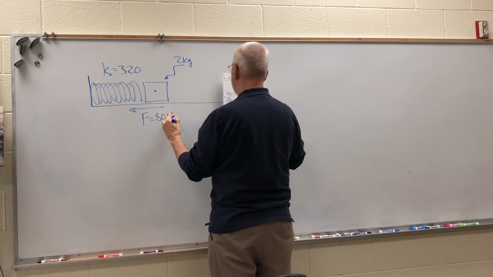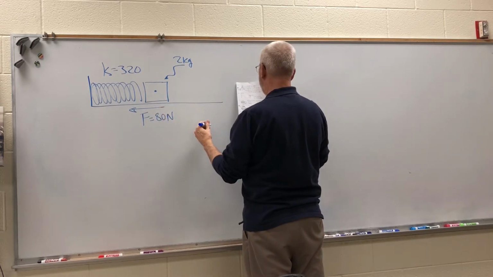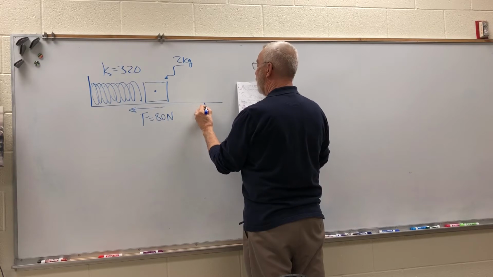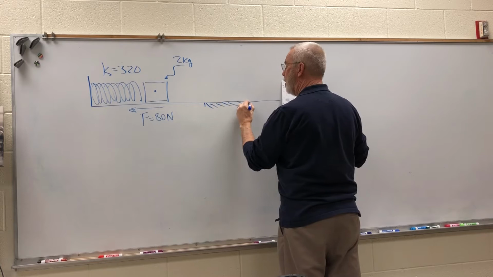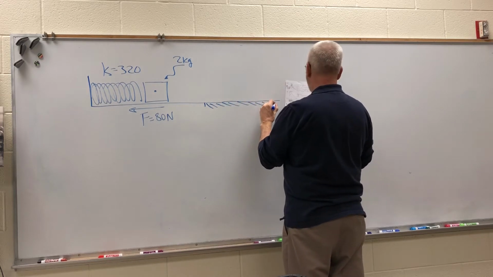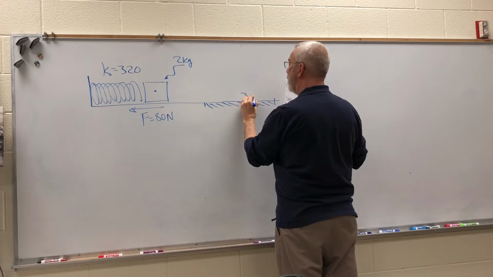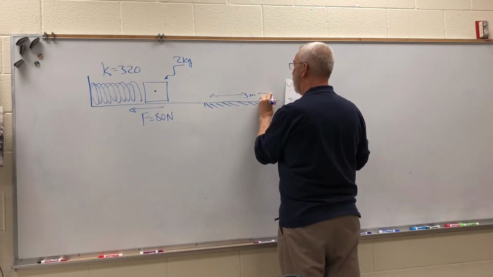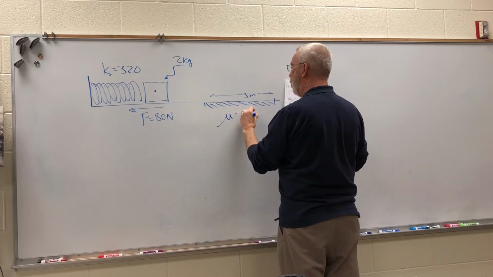newtons. Now, after this block comes off the spring, it's going to come out here and there's going to be a section of friction. And that's going to be 3 meters long right here. And it's got a coefficient of friction equal to 0.15.